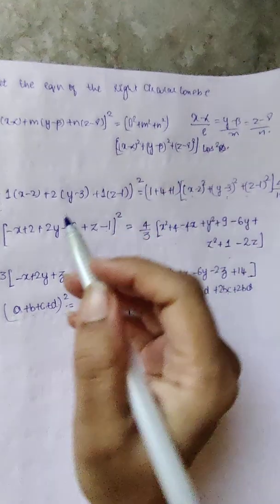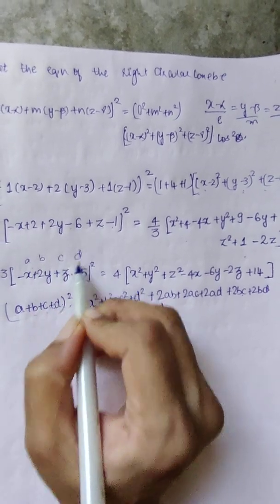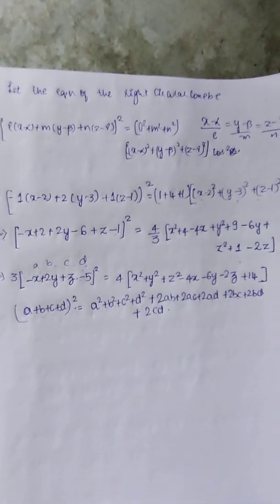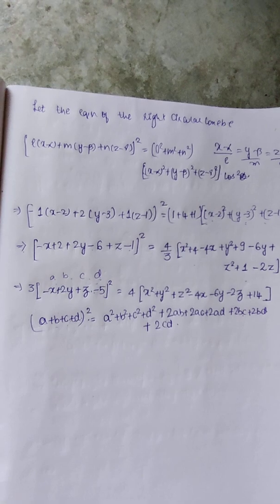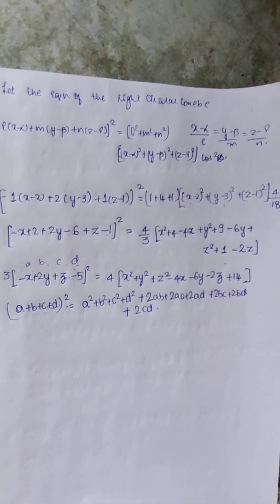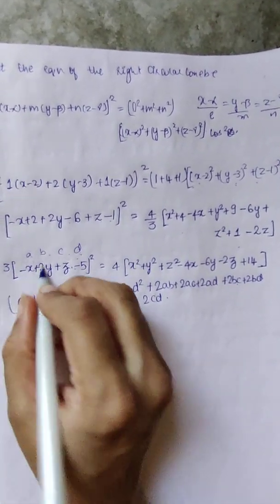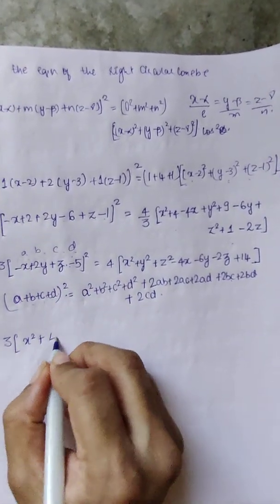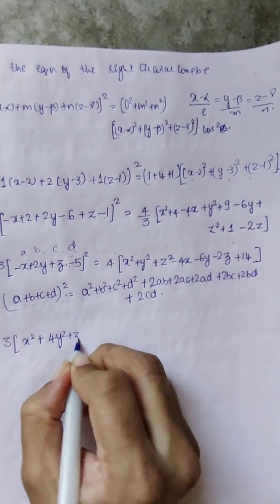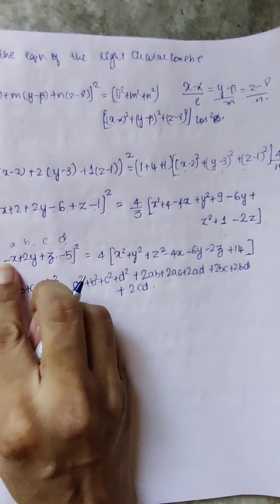So now, with the pencil, if you want, you can do this. I'm just writing this down. This is nothing but a, b, c and d. So we'll do the expansion for this. So a plus b plus c plus d whole square would become, I'm going to write it down, 3 into a square plus b square plus c square plus d square plus 2ab.